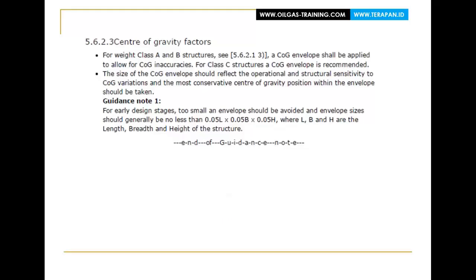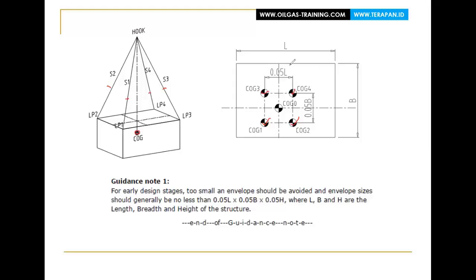This is also regulated in DNV: if we do not use COG factors of 1.05 and 1.1, we can also consider changes in COG on an envelope whose values are 5% length, 5% width, and 5% height. If our structure is L in length and B in width, then the envelope area is 0.05 L and 0.05 B.